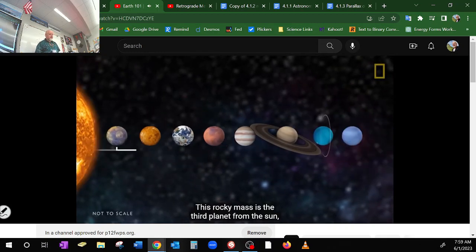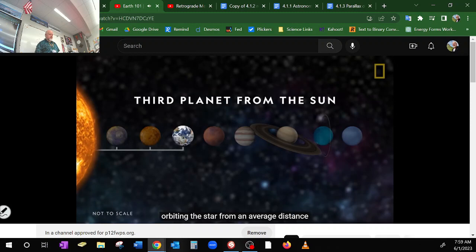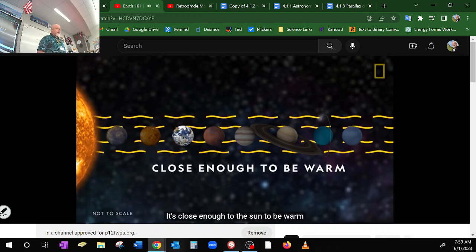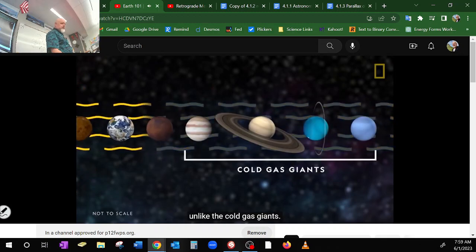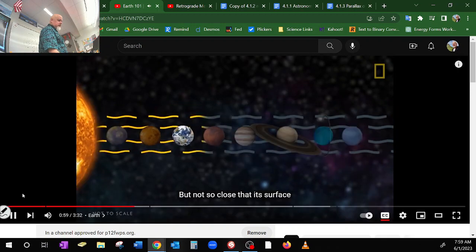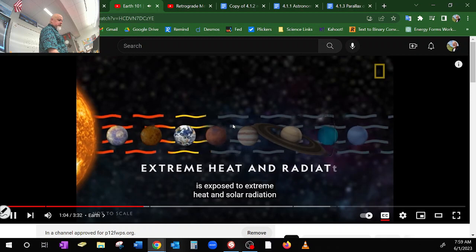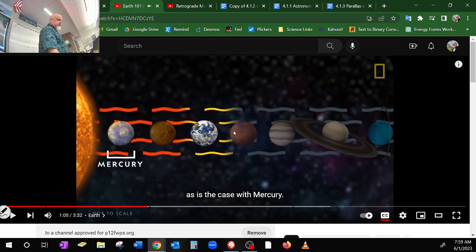This rocky mass is the third planet from the Sun, orbiting the star from an average distance of about 93 million miles. It's close enough to the Sun to be warm, unlike the cold gas giants, but not so close that its surface is exposed to extreme heat and solar radiation, as is the case with Mercury.